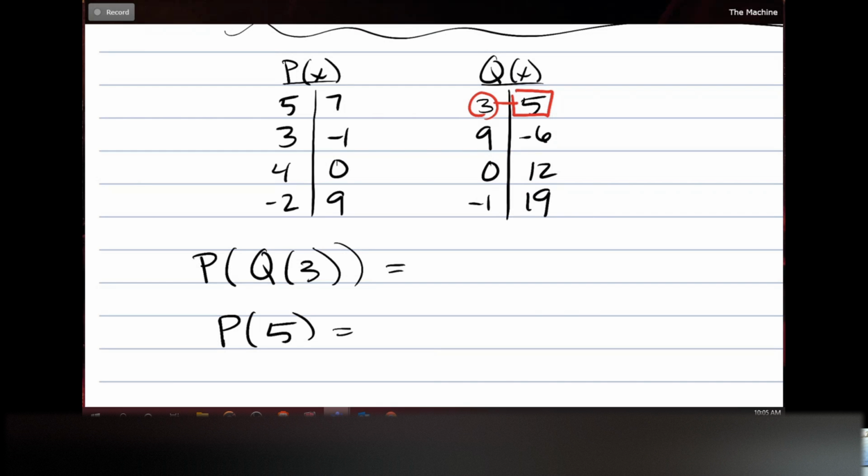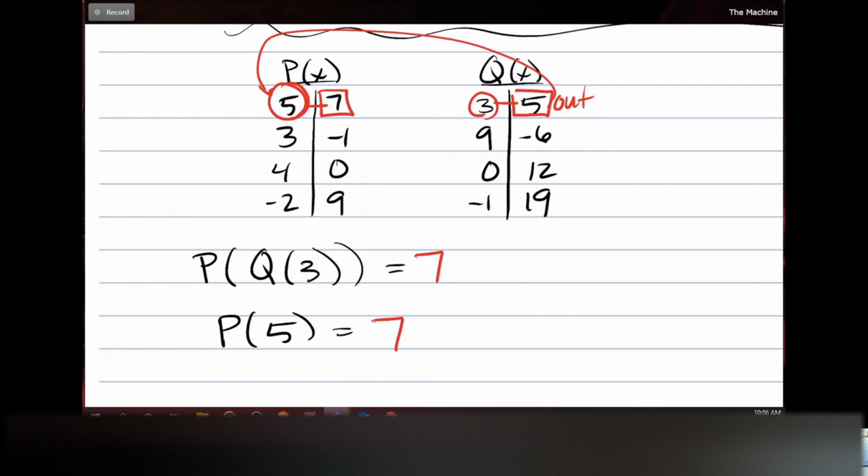I told you it was easier. The output for 3, find that over here as an input. Oh, there's the input. I get it. There's your final output. 7. I get it. Nice. Thank you, Jared.